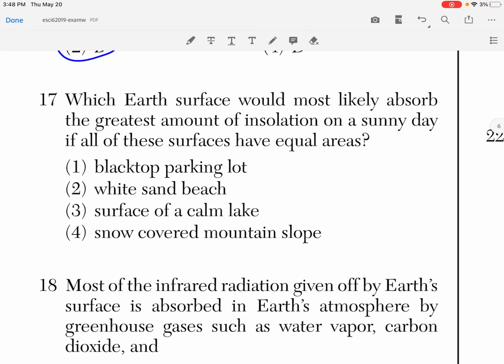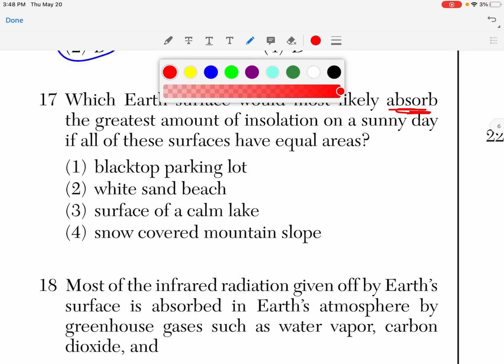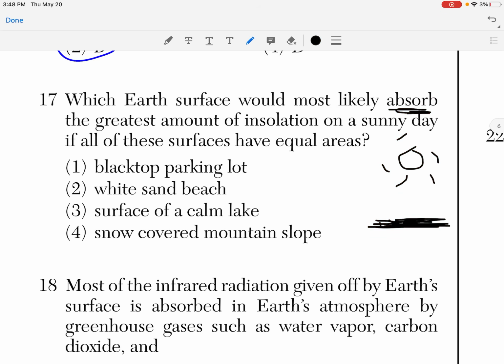All right, number 17, which Earth's surface would absorb, and that's key, which one's going to absorb the most radiation or incoming solar radiation on a sunny day? So you got the sun shining down on the surface. We'll just draw it in red because it's going to change anyway. It's shining down on the surface, and we want to know which one's going to get the hottest, really. Which one's going to absorb a lot? Well, that would be true if that was a really dark surface, right?